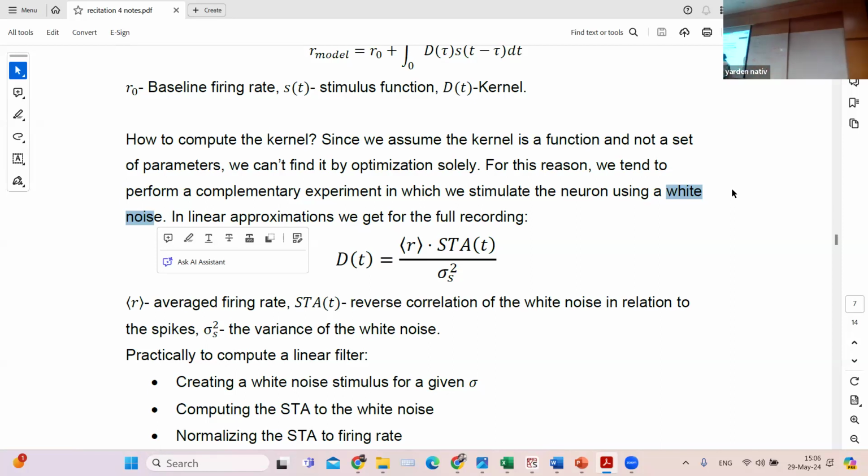Is R for a specific time point or window, or is that just the average? Average firing rate, across all the samples, all of the recording.